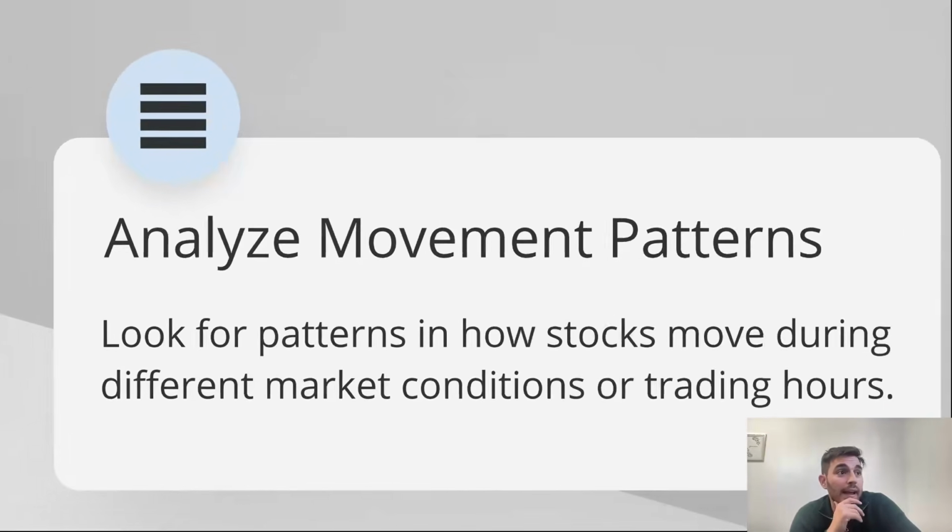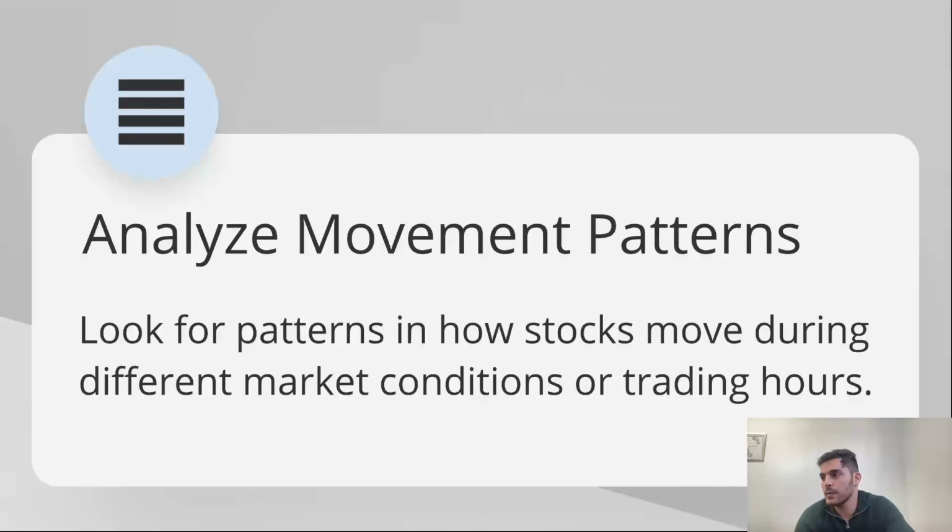Moving forward, analyze movement patterns. I'm not a really big fan of technical patterns, but understand little things. For example, AppLovin, way back when, this is a quick pattern. It would rip 10, drop 8. Rip 10, drop 6. Rip 10, drop 5. Little things like that.